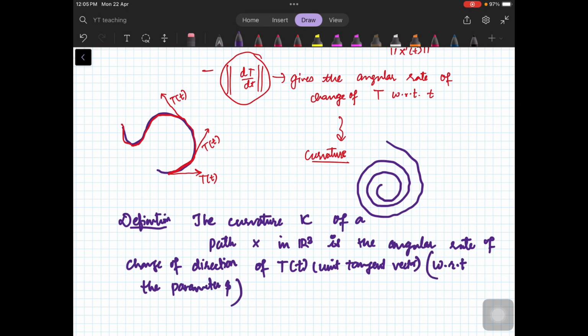Or you can write it like this: angular rate of change of the direction of T per unit change in distance along the path.